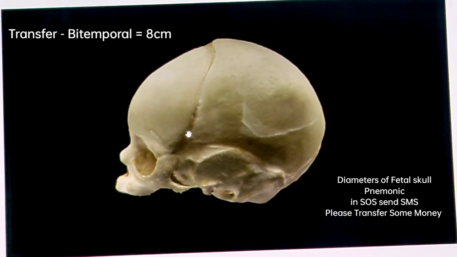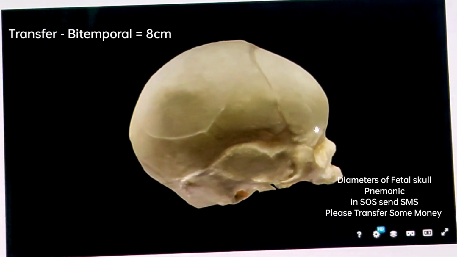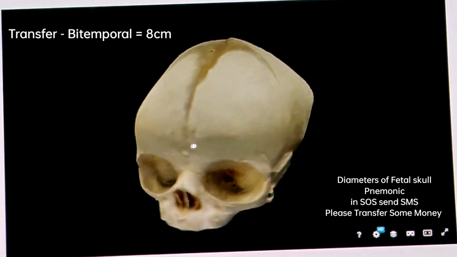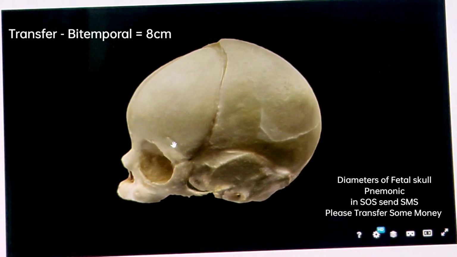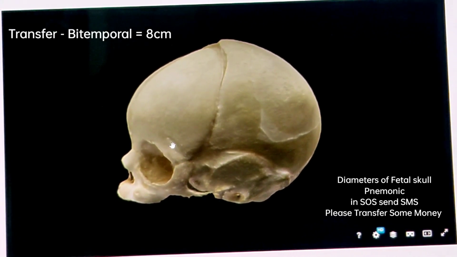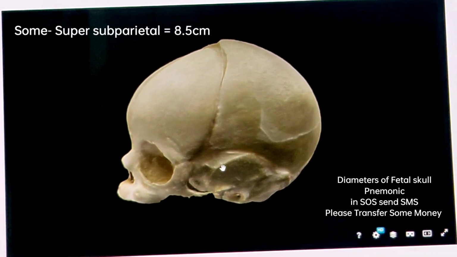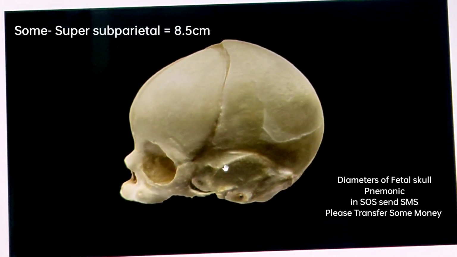If we join these points, the diameter is called the bitemporal diameter, which measures about 8 centimeter in length. This was about the please transfer: P is for the biparietal, and T denotes the bitemporal.